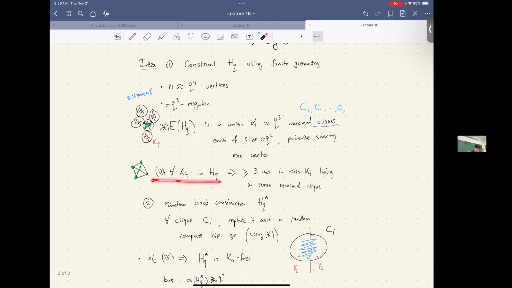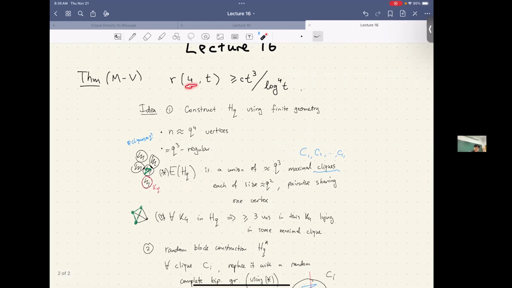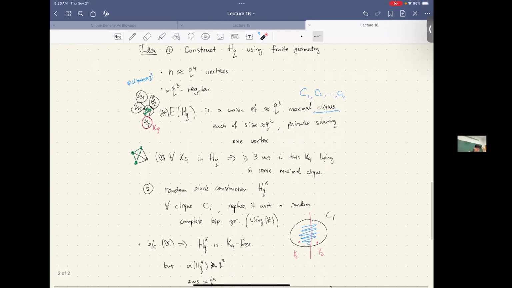Now, if we have this last property, how do we modify the graph to make it K4 free? That's our goal. We need to have a K4 free graph of large order without large independent sets. To kill all K4, we know every K4 has 3 vertices lying in some clique. If we make each clique bipartite instead of a complete graph, then every clique becomes triangle free.